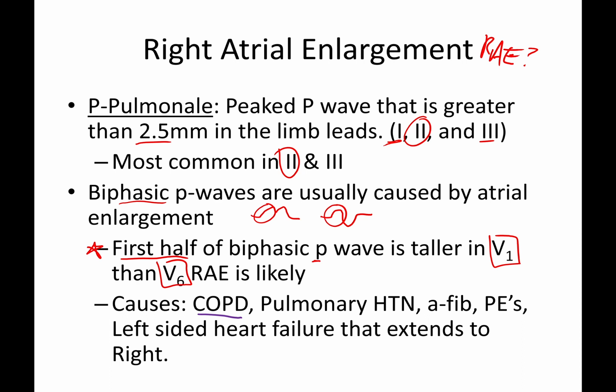Backing up to the right side of the heart. Pulmonary hypertension, backing up to the right side of the heart. AFib, that's atrial dysfunction, and so you've got lots of issues there. PE, backed up blood flow, affects the right side. Late stage left-sided heart failure can eventually work its way back and cause right-sided issues as things progress.